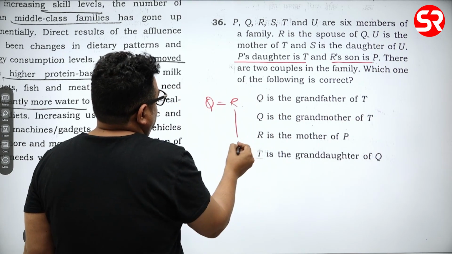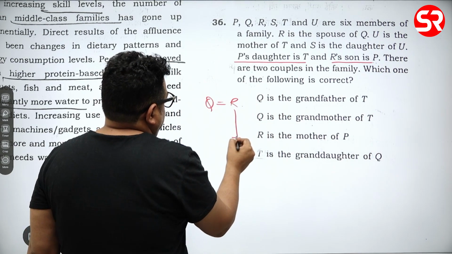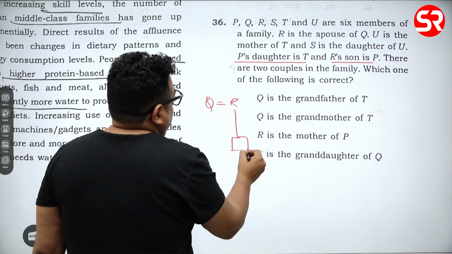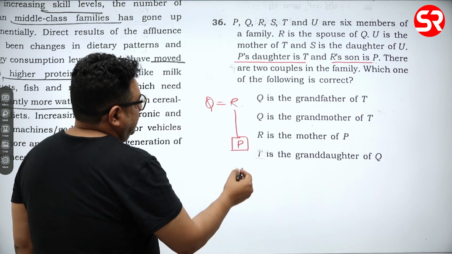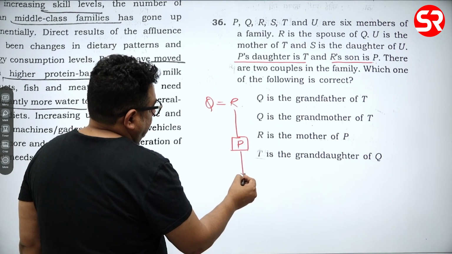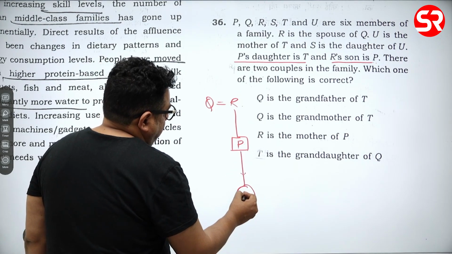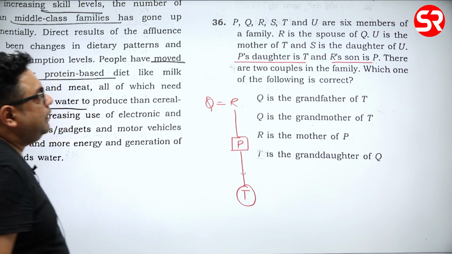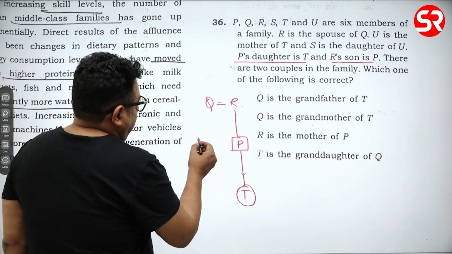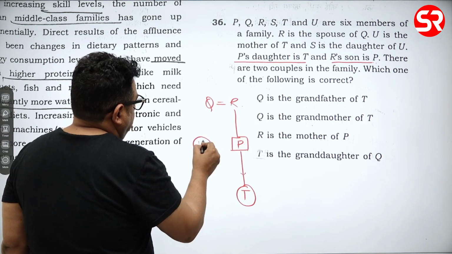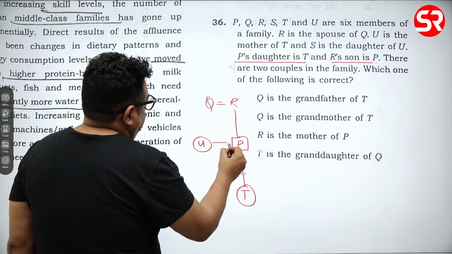So I know that I have got a son. R's son is P. P's daughter is T. And then R is Q, P, U is mother of T. So here is U, mother of T, which means they are married.